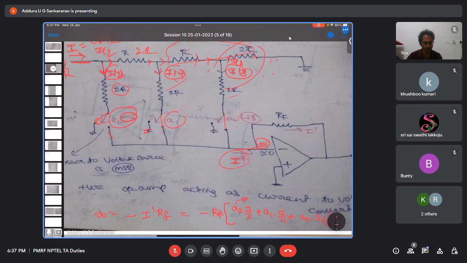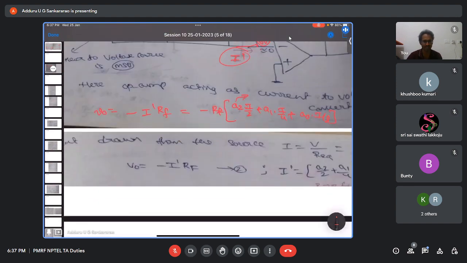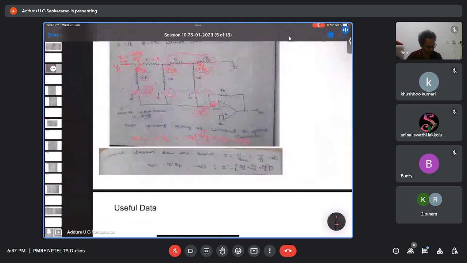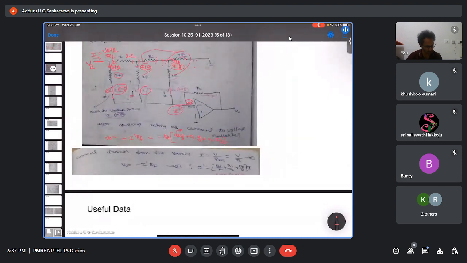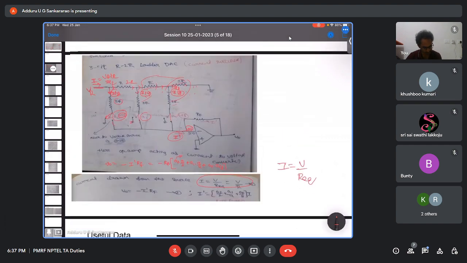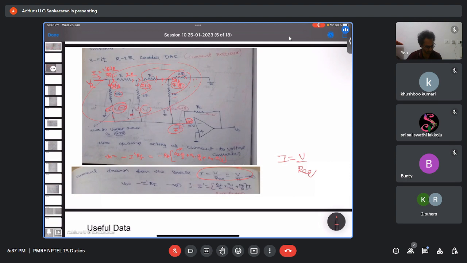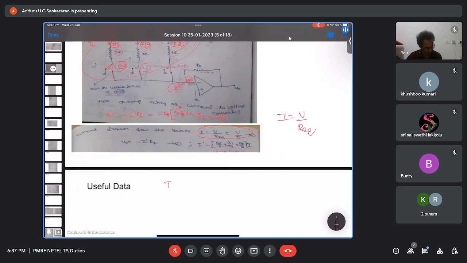You got it right? So the advantage is any spikes present at the input will be eliminated. So the output, the I you can find out like this. Whatever voltage is there and the R equivalent you have to find out. This equivalent resistance you have to find out. And as I said, based on the number of bits, I dash is what?